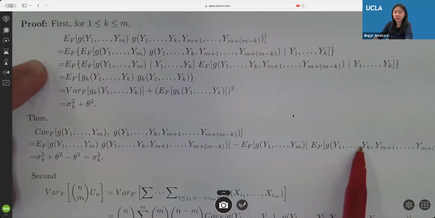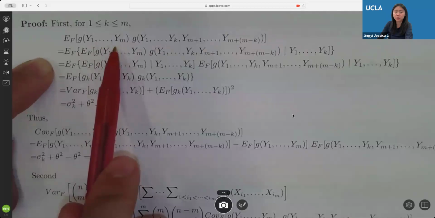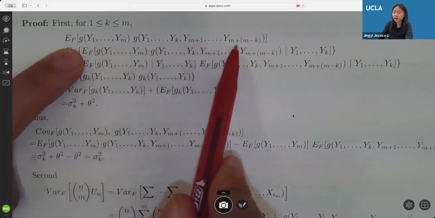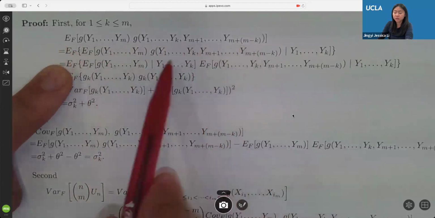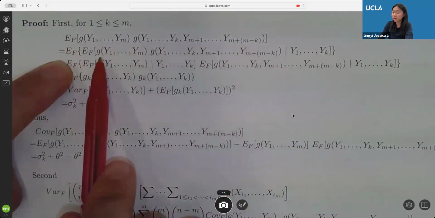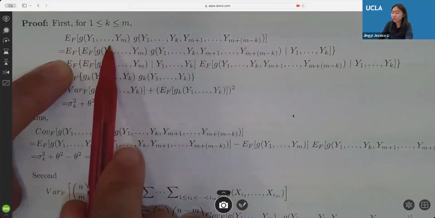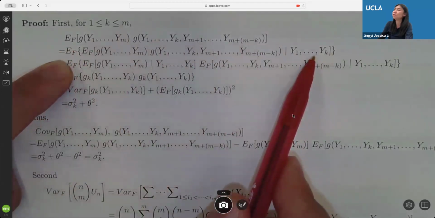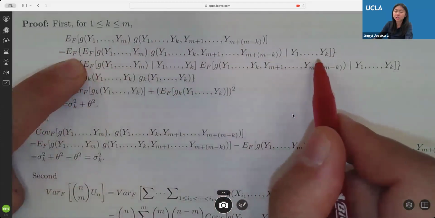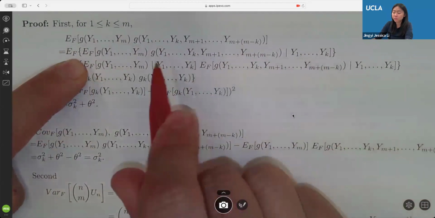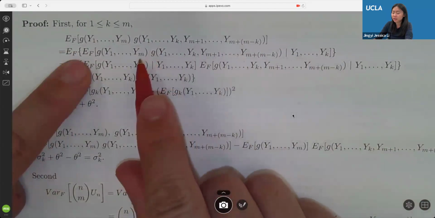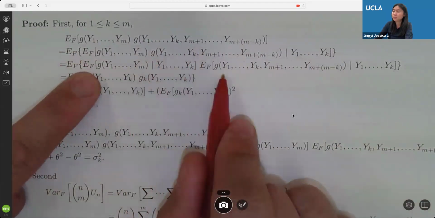So first get the expectation of the product. They overlap in the first K, but the remaining m minus K are different. That's why the projection makes sense. Since they share the first K, let's put the first K in the condition first. Then in the inner expectation, we are conditioning on the first K, and the remaining parts are independent. So we can change the expectation of the product to the product of expectations.